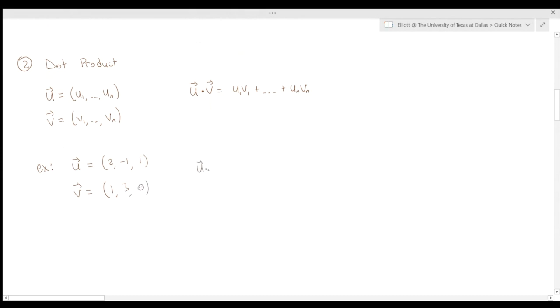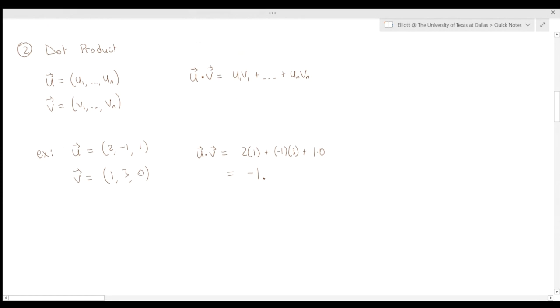Then u dot v is going to be 2 times 1 plus -1 times 3 plus 1 times 0. And so that gives us 2 minus 3 for a final answer of -1.